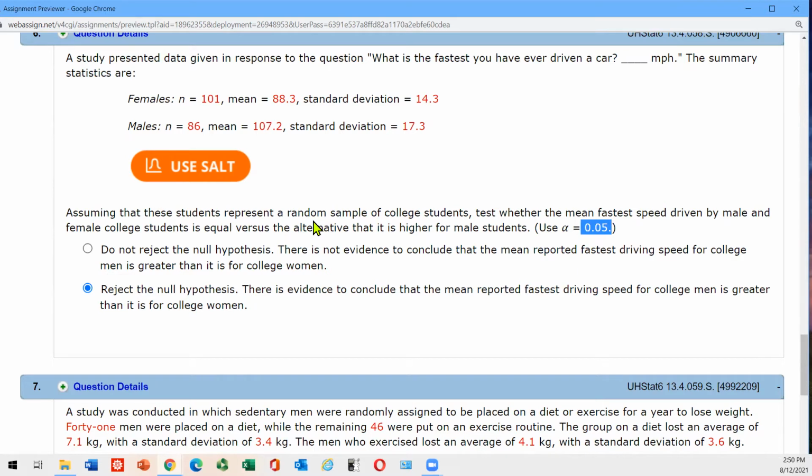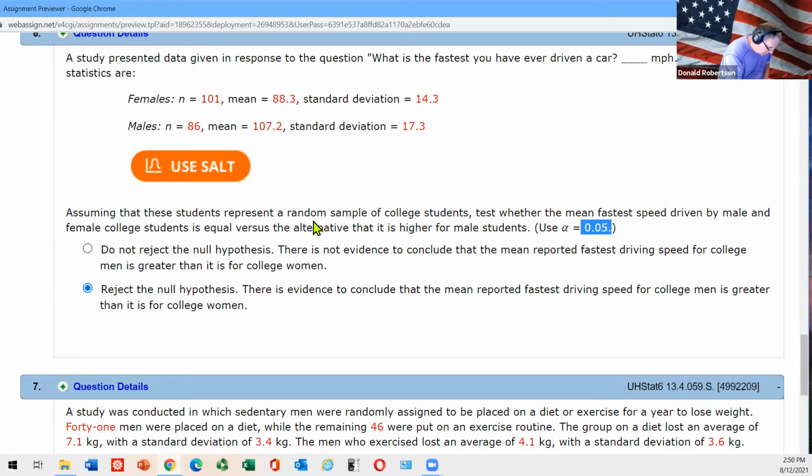So N1 is 101, the mean X bar 1 is 88.3, and S1 is 14.3. And 2 is going to be the male, so N2, there's 86 of those who were asked. X bar 2 was 107.2, and the standard deviation was 17.3. That's all the numbers that I need.